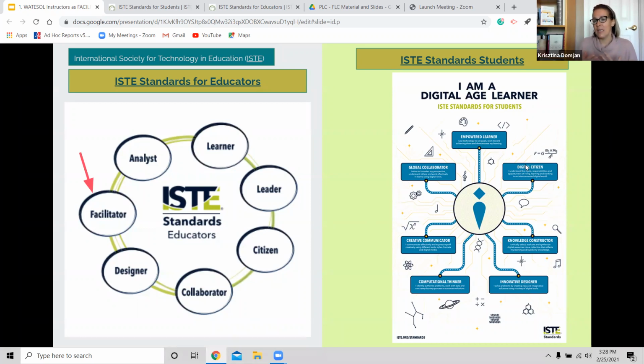And so if students learn how to be digital age learners, 21st century learners, and you train yourself to be an educator who pays attention to these standards, you can actually meet students where they are, and you can understand how they learn.